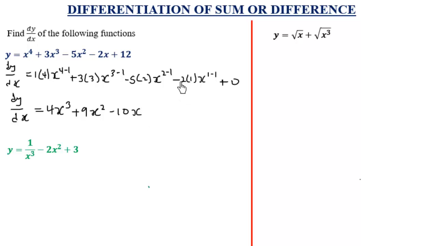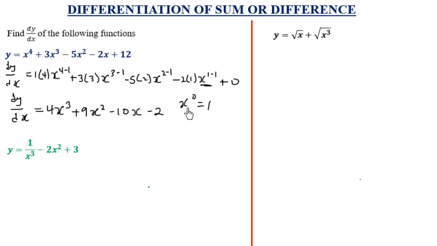Alright. Now negative 2 times 1 gives us negative 2. Now x to the power 1 minus 1 gives us x to the power 0. And remember that any number to the power 0 is always 1. So whenever we multiply 1 by negative 2, it is still negative 2.